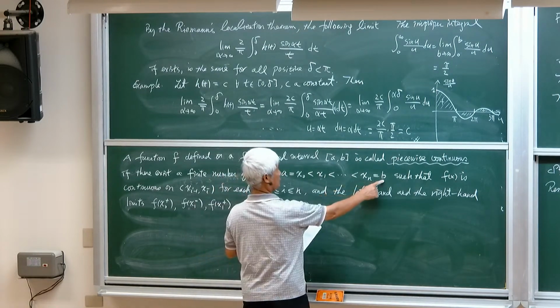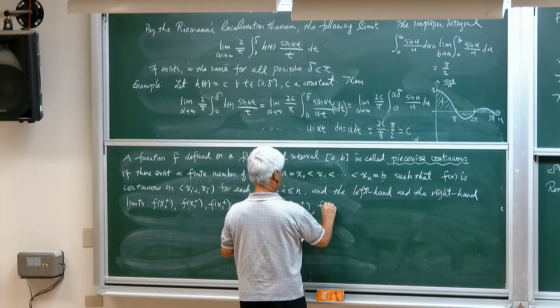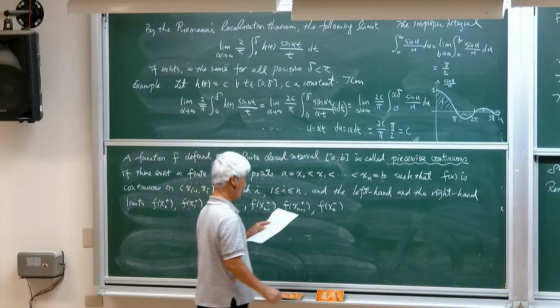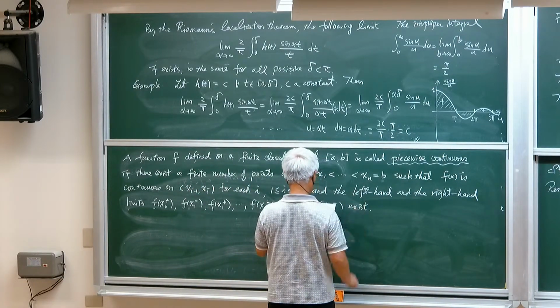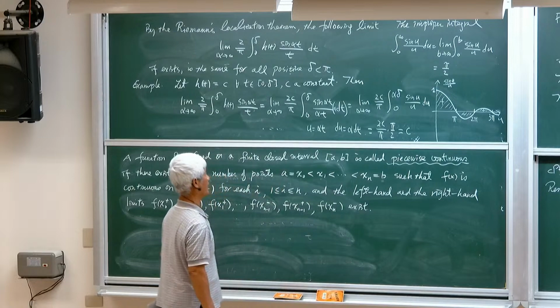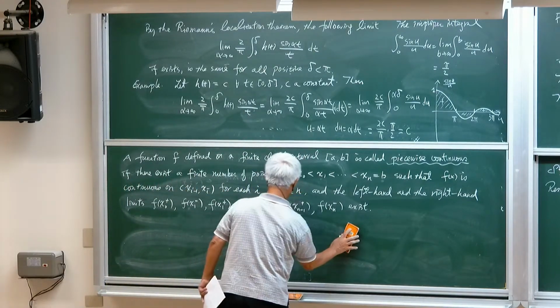And at the right end, the left-hand limit exists. Okay, so this is called piecewise continuous.